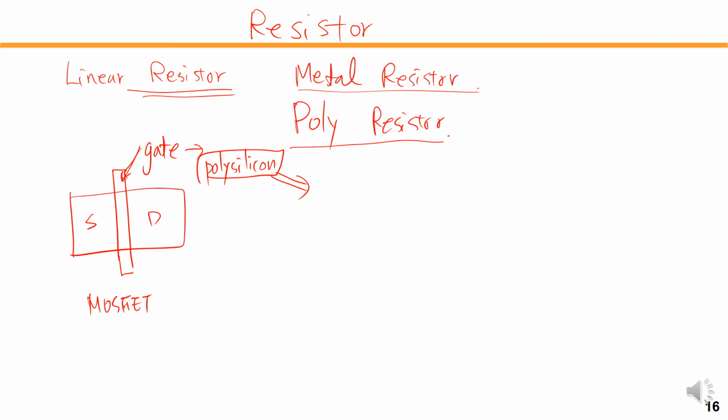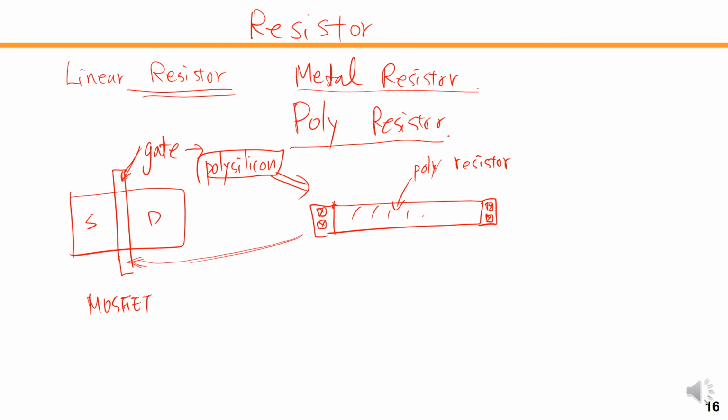If we put more doping onto that, we can use that poly as a resistor. We call it a poly resistor. They can be used with a via on there. This layer is exactly the same as the gate material used in the MOSFET.